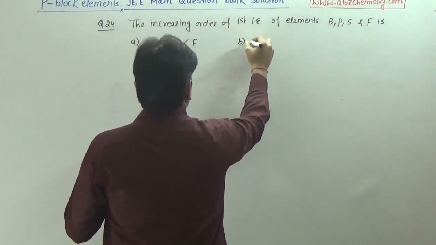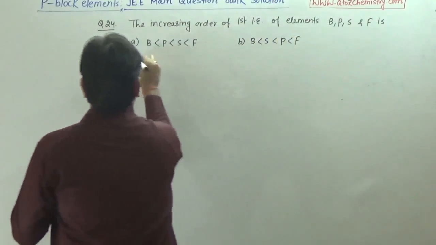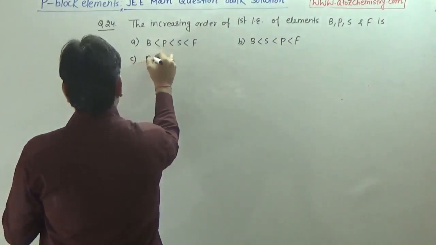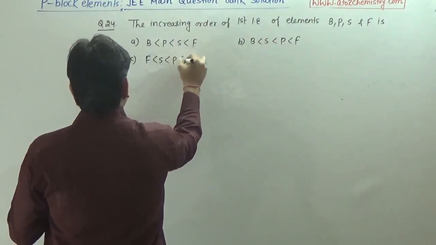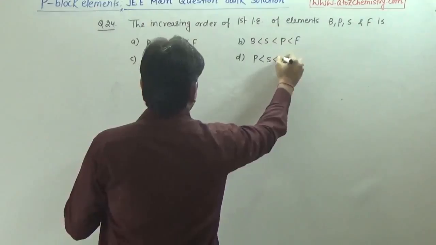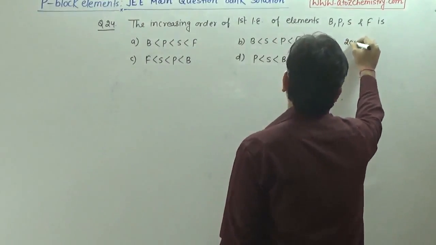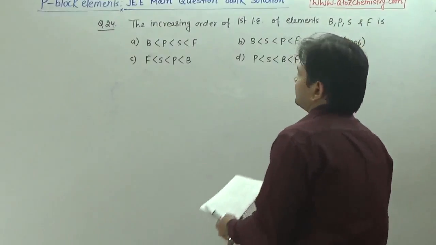B option: boron less than sulfur less than phosphorus less than fluorine. C option: fluorine less than sulfur less than phosphorus less than boron. And D option: phosphorus less than sulfur less than boron less than fluorine. So this question was asked by JEE Main in 2006.